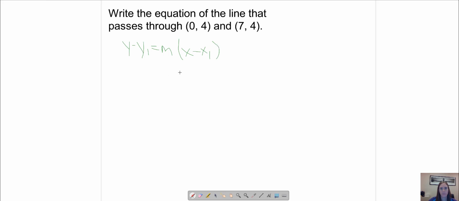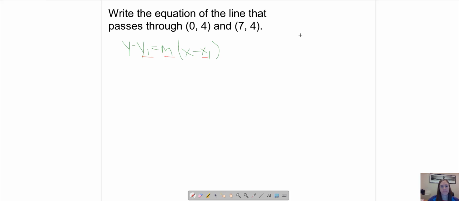That's point-slope form. All you need for this is a point, which is going to be your x1 and y1, and your slope. So that's the information you need. Right now you have 2 points, so you can use either one of those points in there, just one of them. So you just need to find your slope.